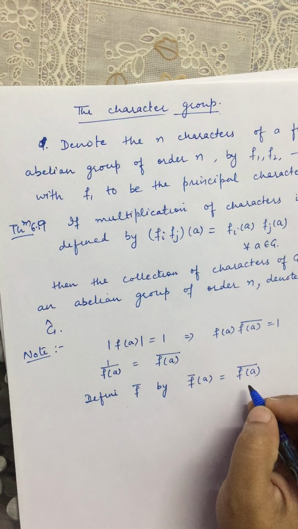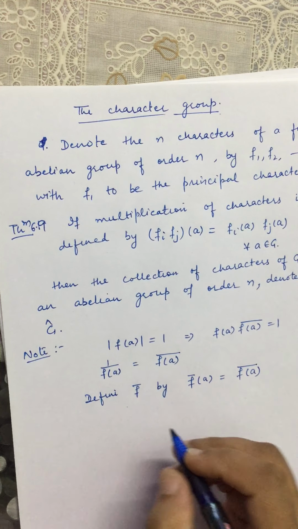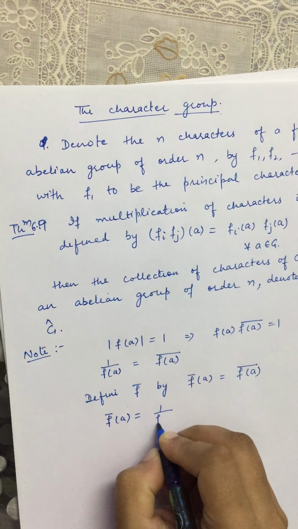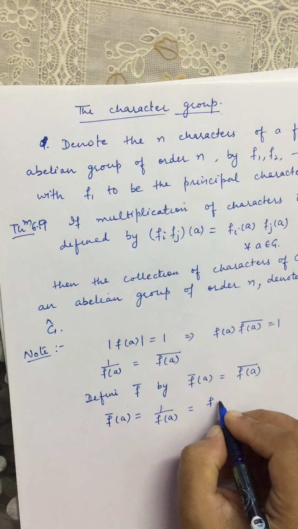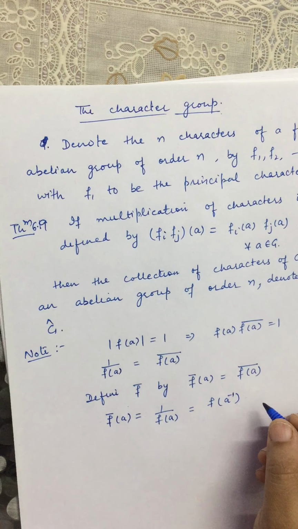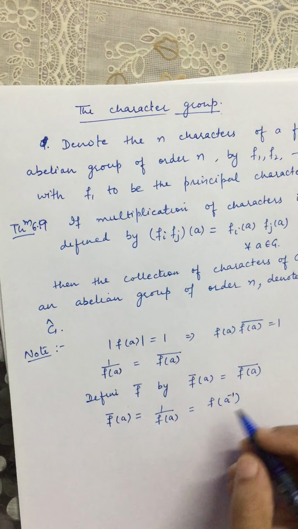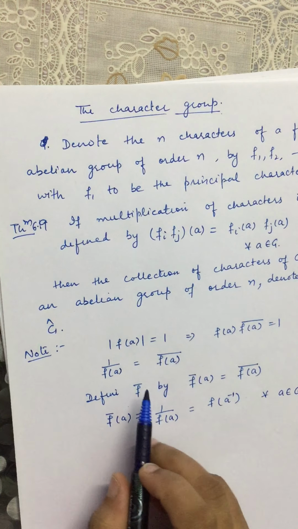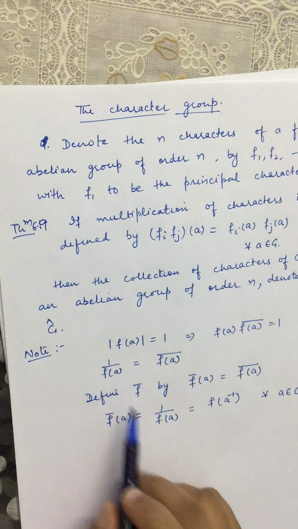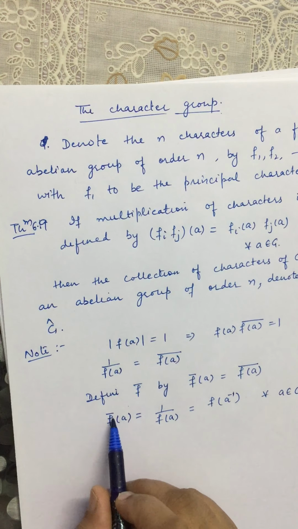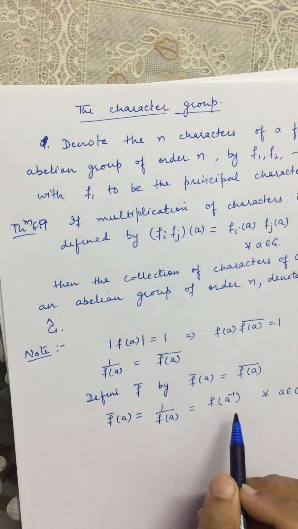This is also a character of G. Further, f bar(a) is actually 1 upon f(a), and this is f of a inverse, because we know f of a raised to k is equal to f(a) raised to k because of the multiplicativity of the character. So 1 upon f(a) is f of a inverse for every a in G. So for each character f, we can define another character f bar, which is given by f bar at a is f of a inverse.